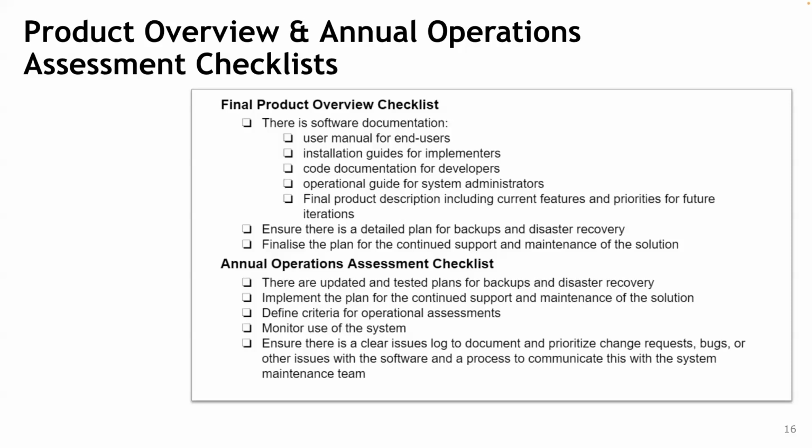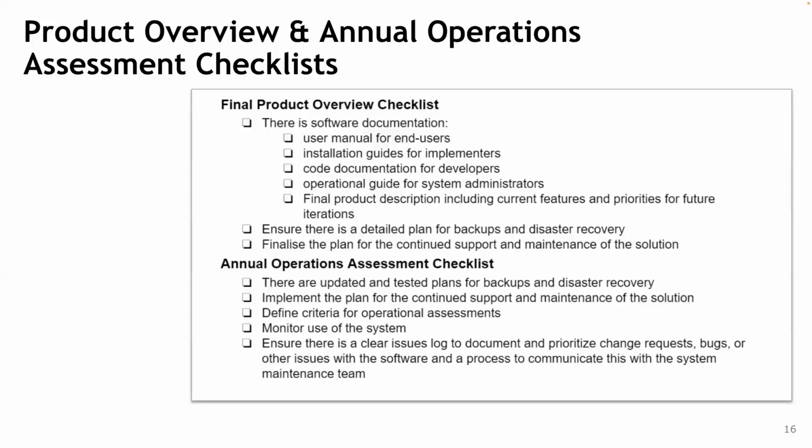This is just a checklist that covers part of that to make sure that you consider it. And again, finalizing, how are you going to support and maintain the solution? Not all of these will end up being the same company or the same people that did the development, so the better the documentation is in that respect, the better the long-term outcomes are.